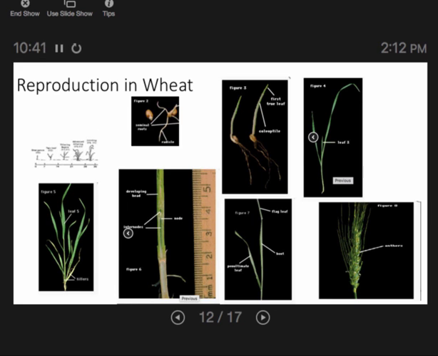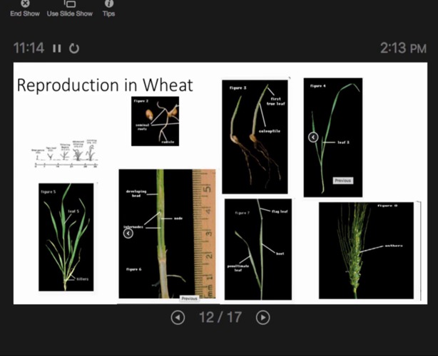I think the other important thing to discuss is that once the stem gets to a certain point, the head is pushed out of the flag sheath. The flag sheath is right before the flag leaf comes out, which is really where a lot of the photosynthesis occurs.